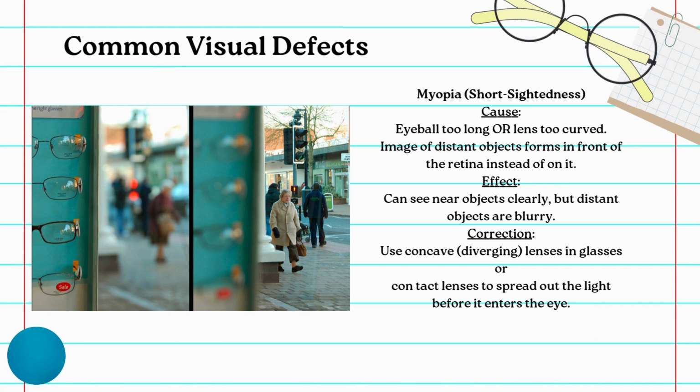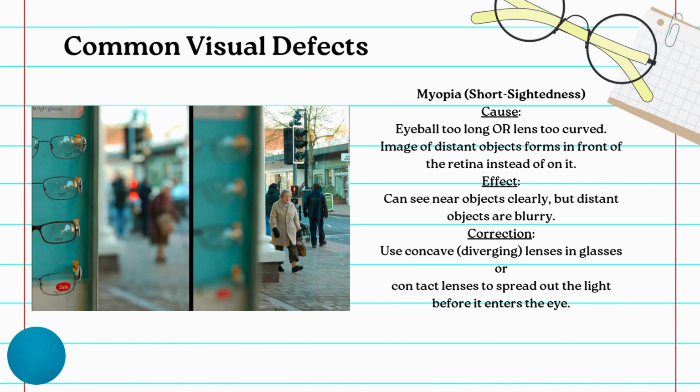So what happens is that either the eyeball itself is too long, so the light does not reach the retina properly, or the lens is too curved, so the light is bending too much and it's not hitting the retina.